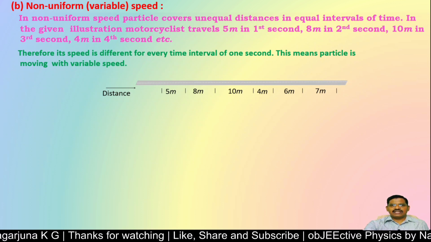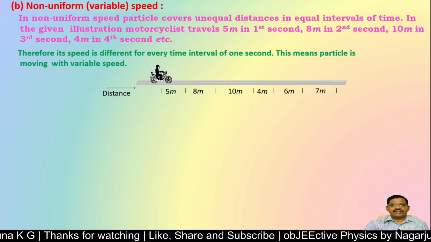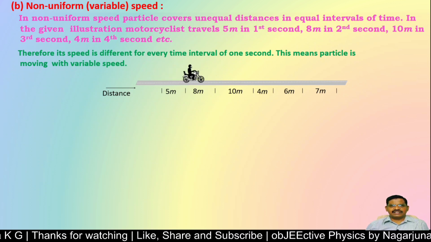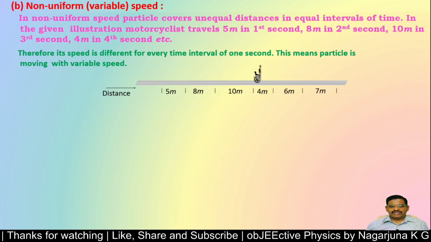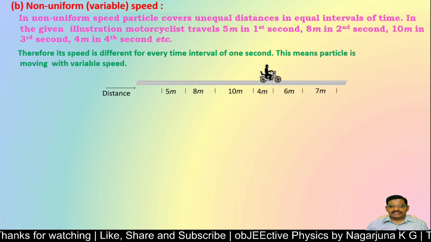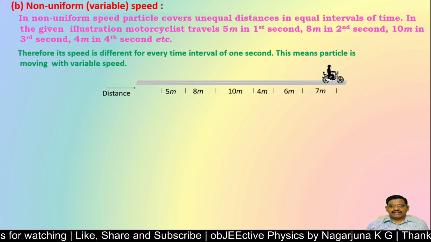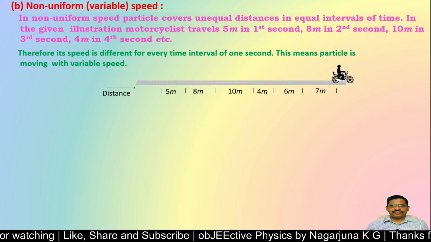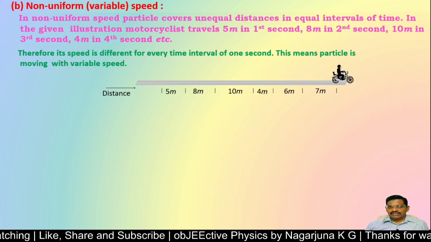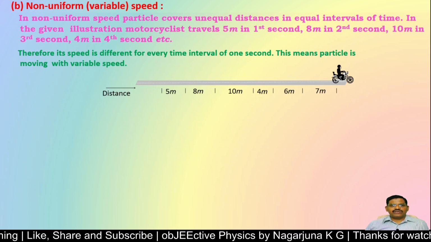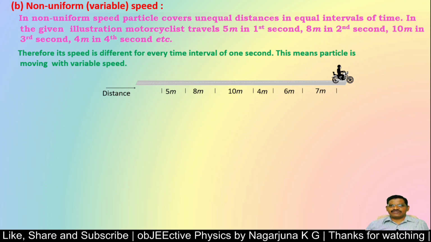Now the motorcyclist is travelling with different speeds, so it means he covers different distances. Once again observe the top line. In non-uniform speed, the particle covers unequal distances in equal intervals of time.